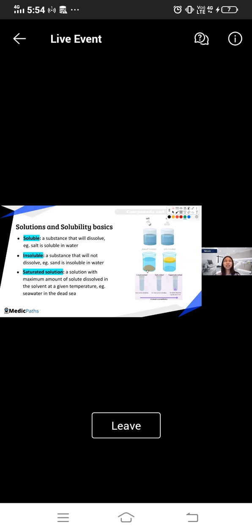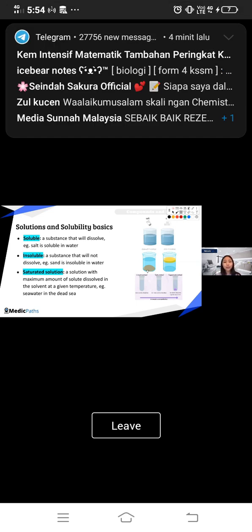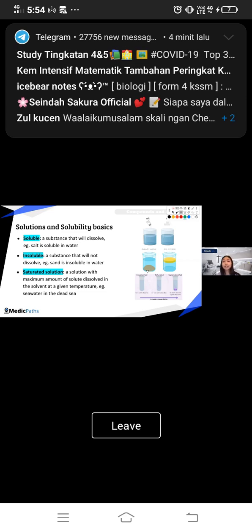Okay. What happens? You get something that is in the middle of liquid and solid. It's kind of very sticky. You can tell that when you're stirring it in your beaker, it's a bit harder to push, not like water anymore. Okay, you might do this in your labs at some point. For example, seawater in the Dead Sea.